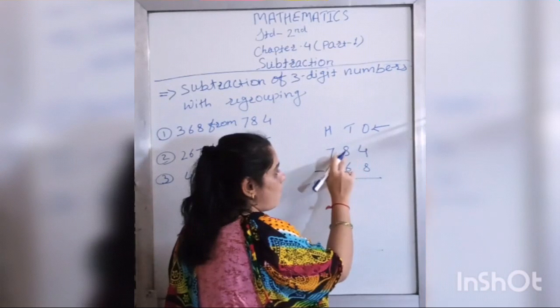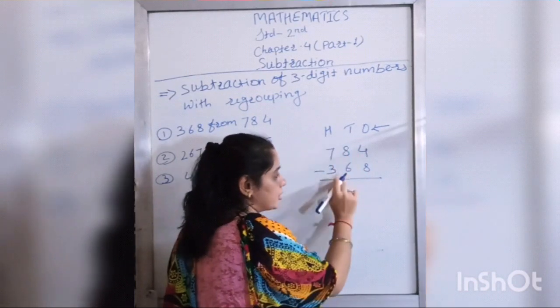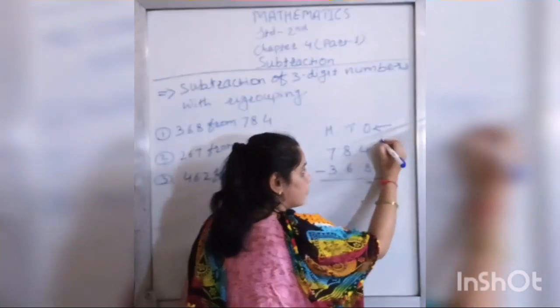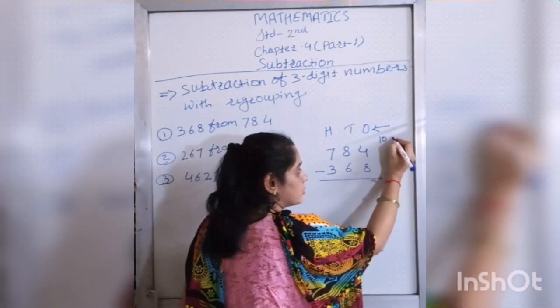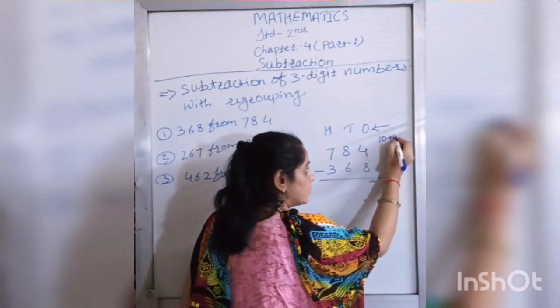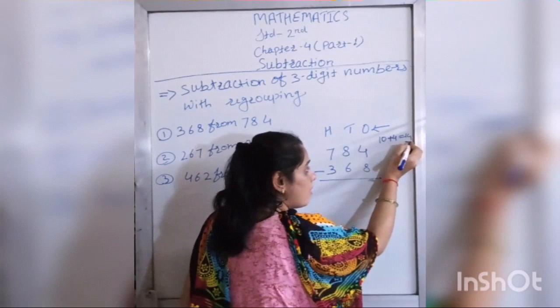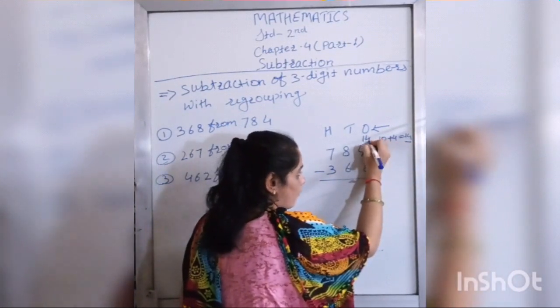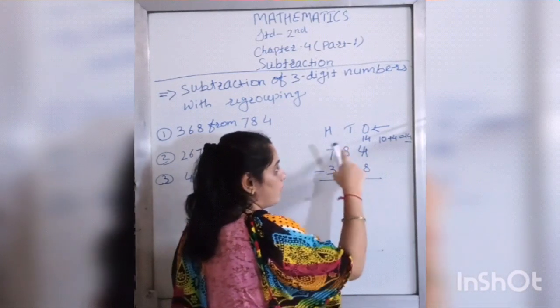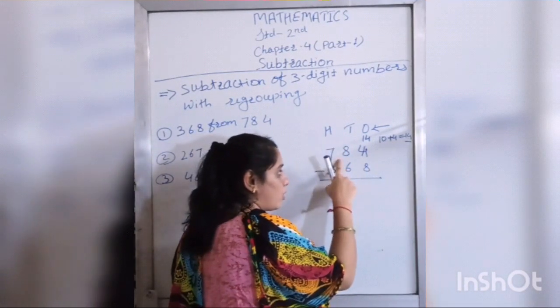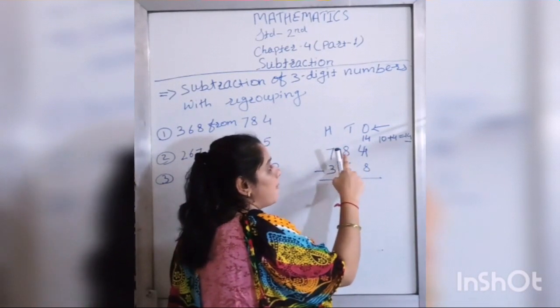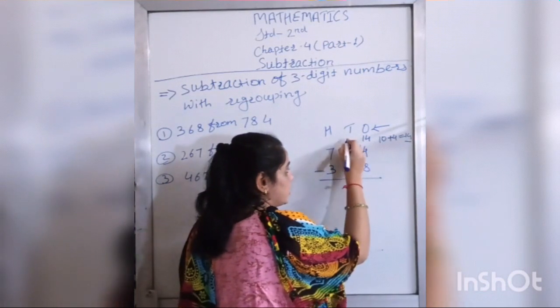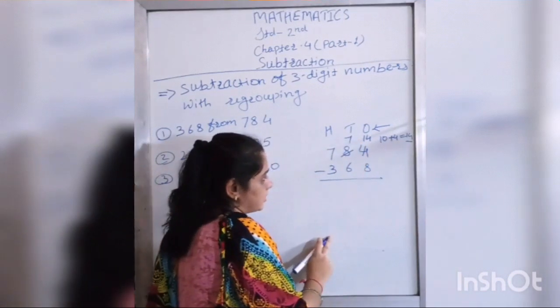We will borrow 10 from the tens column. As we are borrowing 10 from the tens column, 10 plus 4 is equal to 14 ones. So this 4 will become 14 ones. As we borrowed 10 from the tens column, 80 minus 10 is equal to 7 tens.